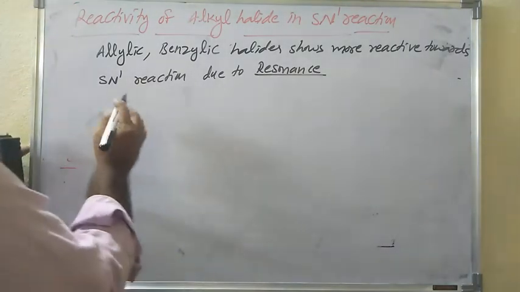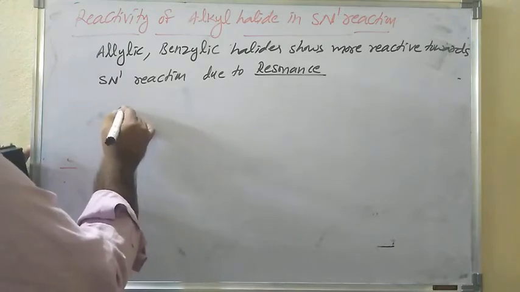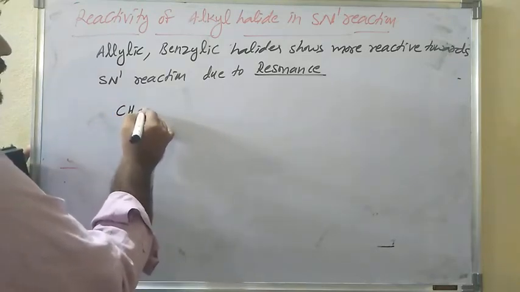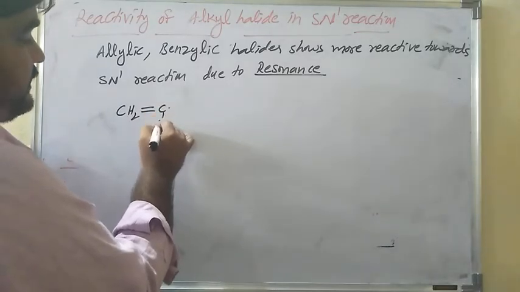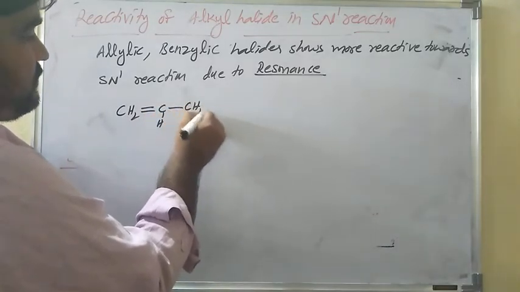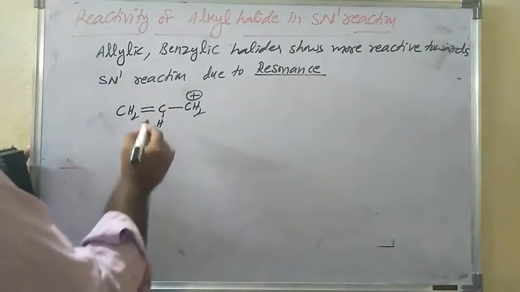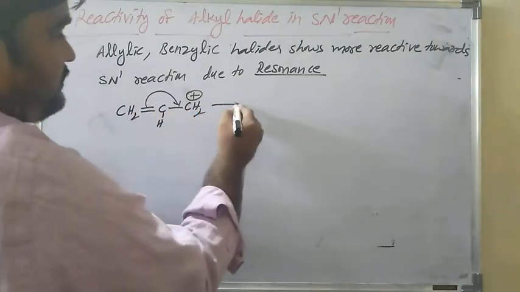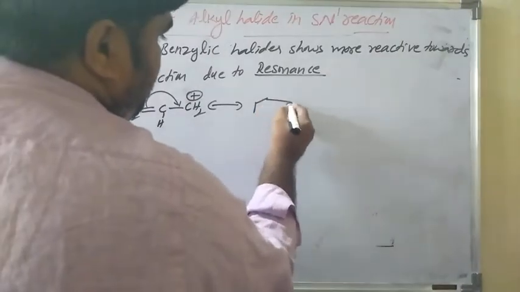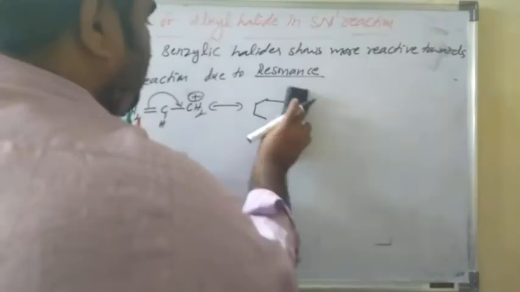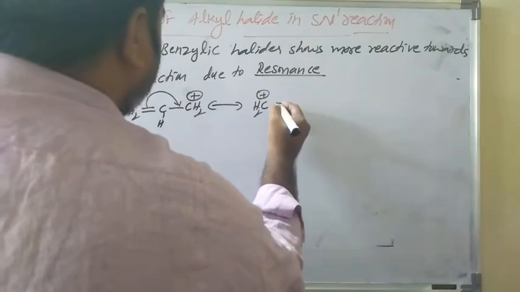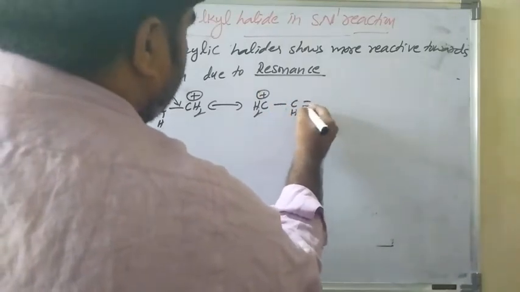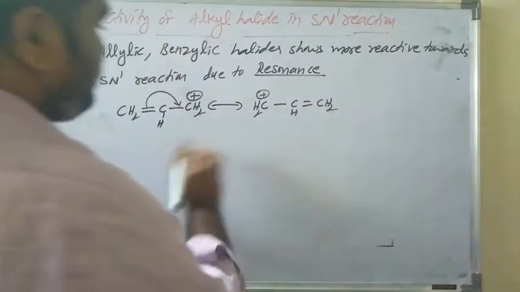See, coming to the allylic, CH2, double bond CH, CH2 plus, it is the allylic position. See here, this bond shifted to here, so this is due to resonance. CH2 plus, CH double bond CH2, so resonance structure.